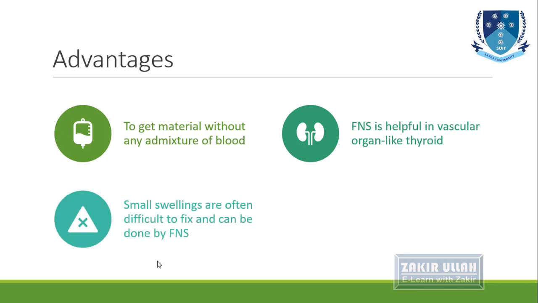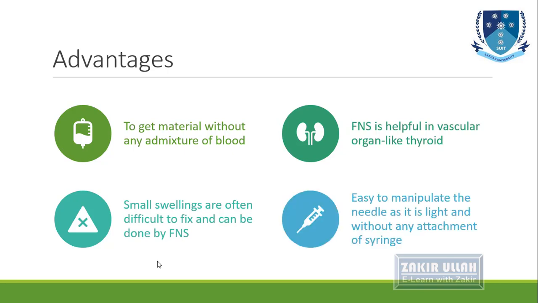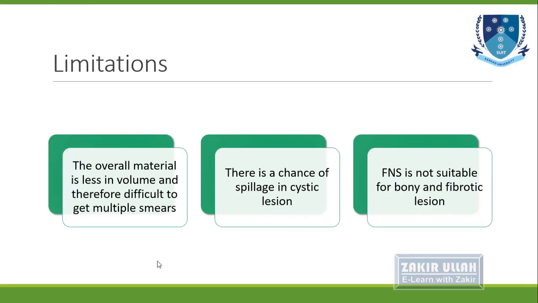Also, small swellings are often difficult to fix, and we can take samples from small swellings with fine needle sampling as compared to fine needle aspiration cytology. This process is easy to perform because the needle is light, without any attachment of a syringe or a pistol, so performing is very easy.